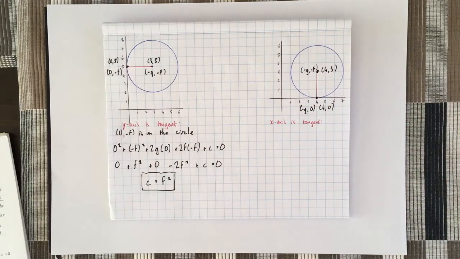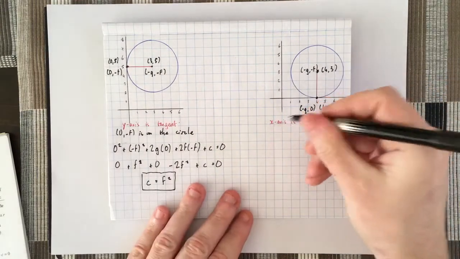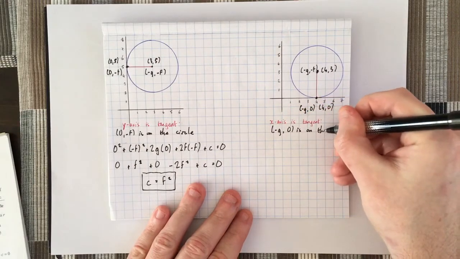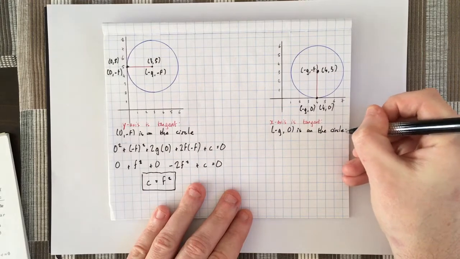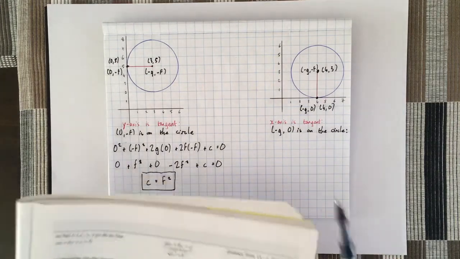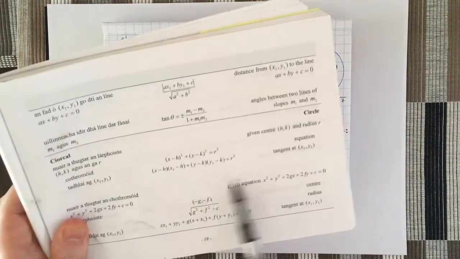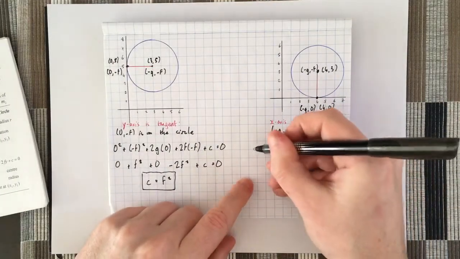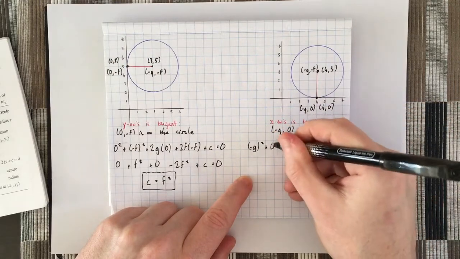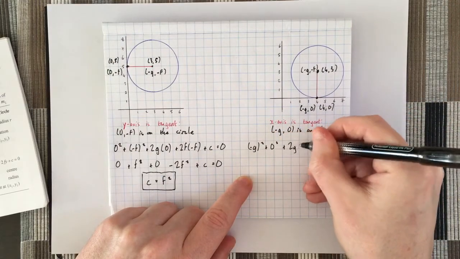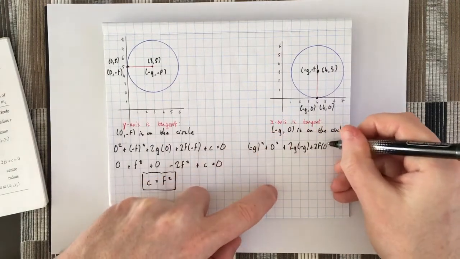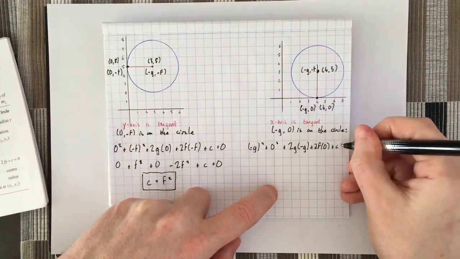So when the x-axis is a tangent like this, then minus g, 0 is on the circle, okay? That means that I can do a similar thing to what I did here. So sub this in for x and y because it's on the circle. So x squared now becomes minus g squared, plus y squared becomes 0 squared, plus 2g times x, which is minus g, plus 2f times y, which is 0, plus c equals 0.